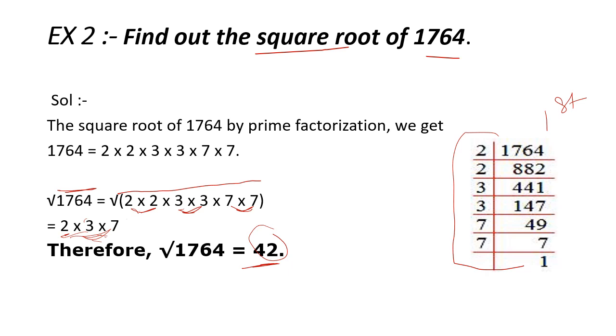Out of those 2 and 2, I am taking only one number out of it. That is why, by finding out the square root of any given number, when it has been broken down into its prime factors, you have to take only one number out of that pair and then multiply it with the given other prime numbers. Okay, I hope you have got my point. And now let us do some exercise questions.